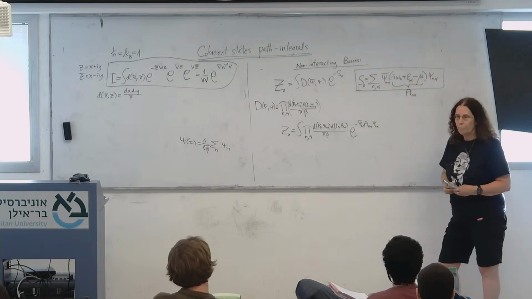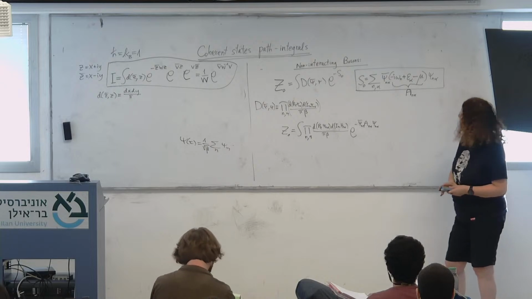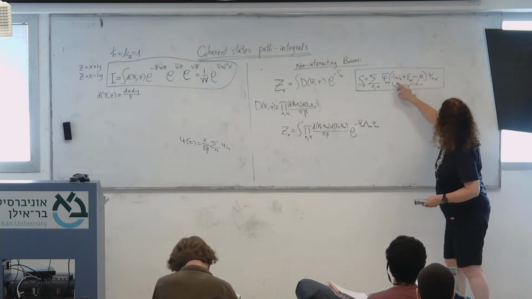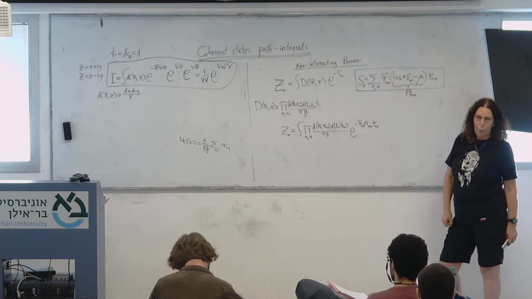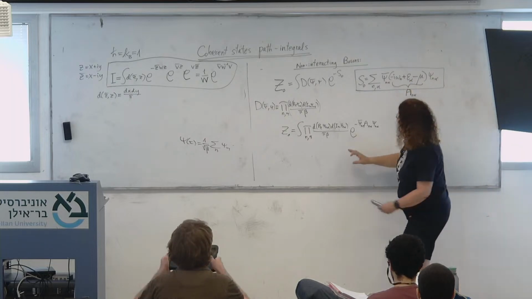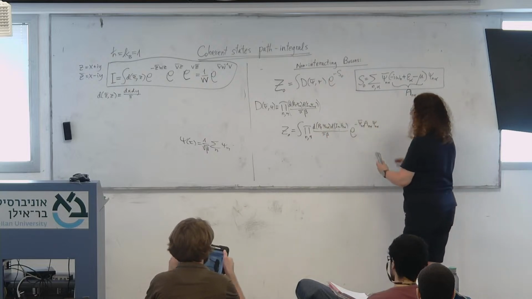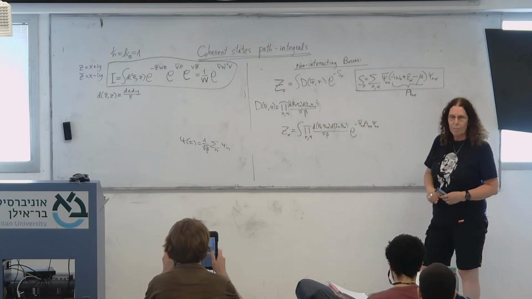It's just a number which contains dependence on omega and epsilon. So I have a product of independent Gaussian integrals.